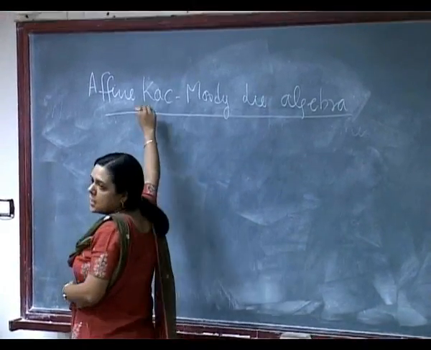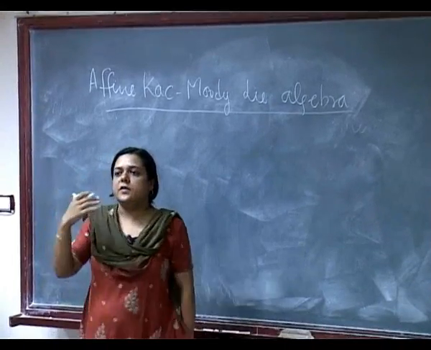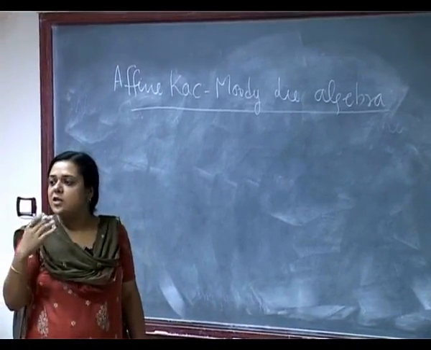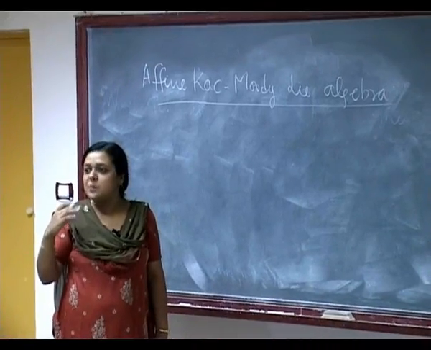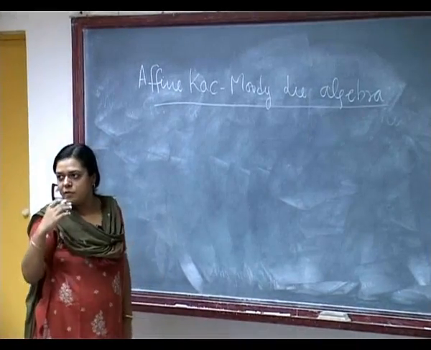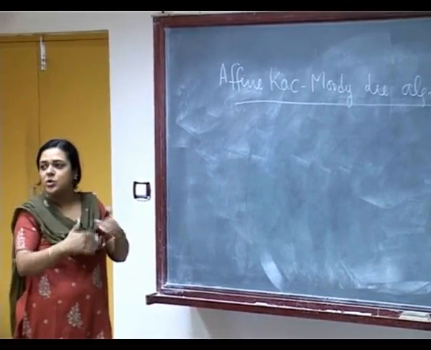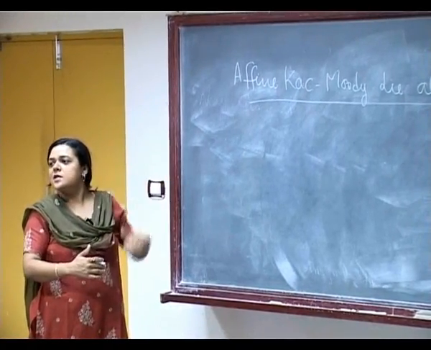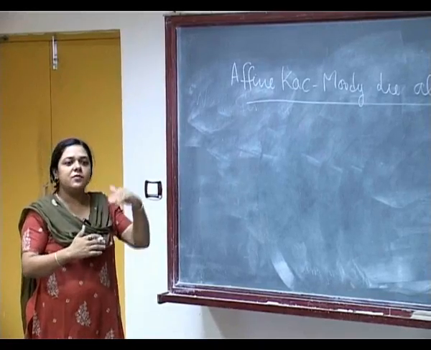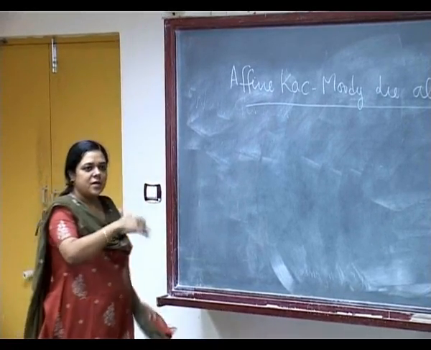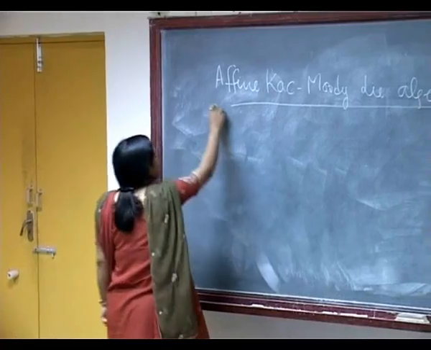Basically these Lie algebras can be described entirely in terms of a finite dimensional simple Lie algebra. If we have a finite dimensional simple Lie algebra, we can construct its loop algebra, then we take the central extension and then we attach a derivation. That is how the construction goes.